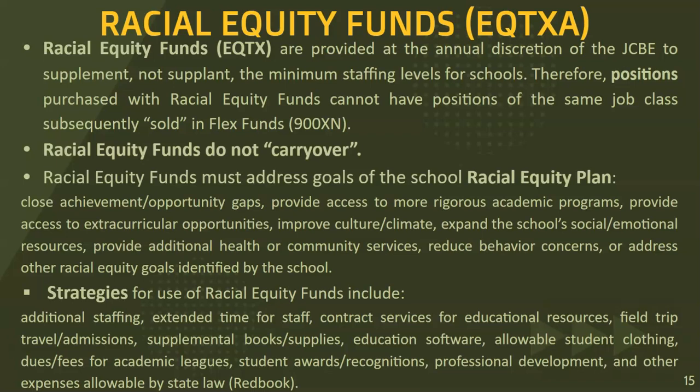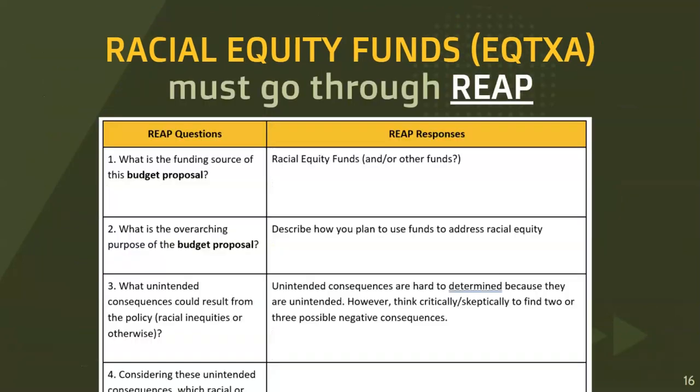If you want some ideas for the types of goals that these funds can help support in your racial equity plan, or some strategies for the use of those funds, you can refer to this slide or the school budget handbook. And this is just an example of a REAP for a budget proposal. A template is linked here.